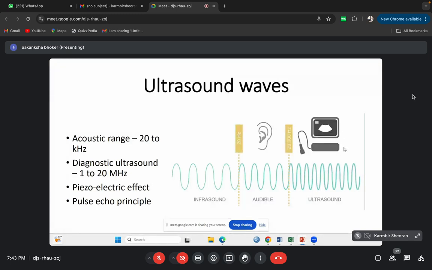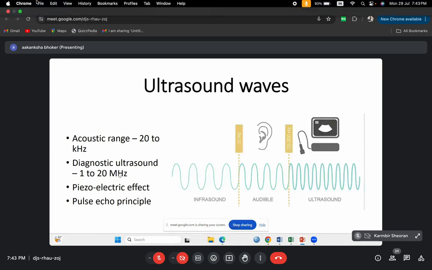Any sound wave beyond 20 kilohertz does not necessarily mean it can be used for diagnostic purposes. The ultrasound waves used for diagnostic purposes are in the range of megahertz, so 1 to 20 megahertz can be the range. The more advanced machines have very high frequency capability and can produce up to 20 megahertz. So this is some basics about ultrasound waves.